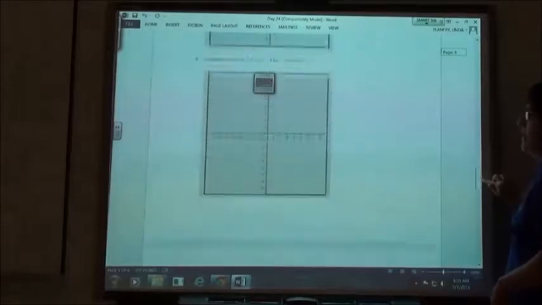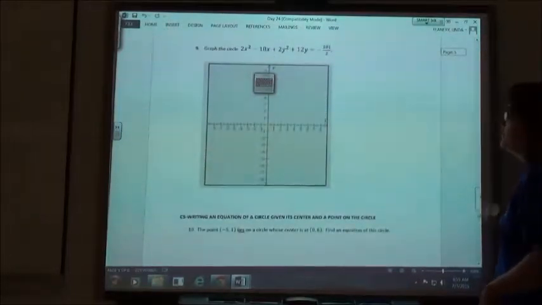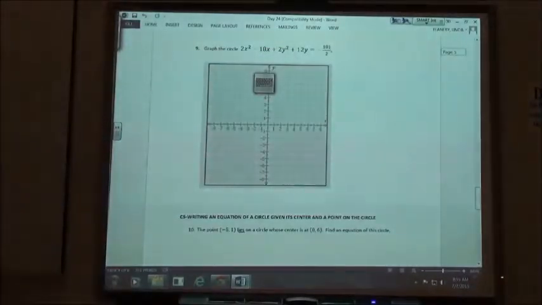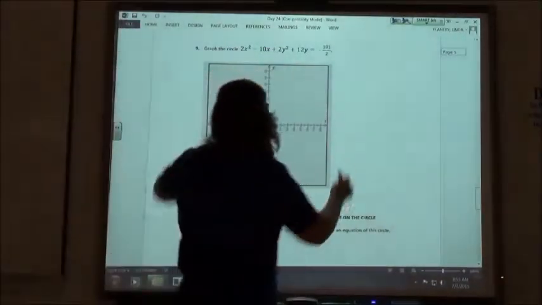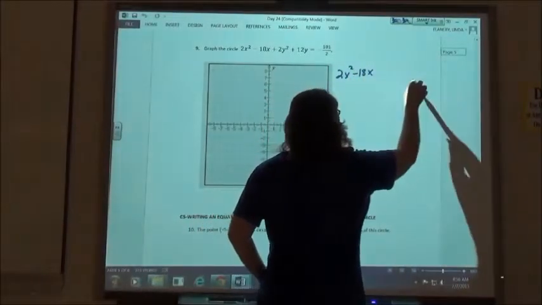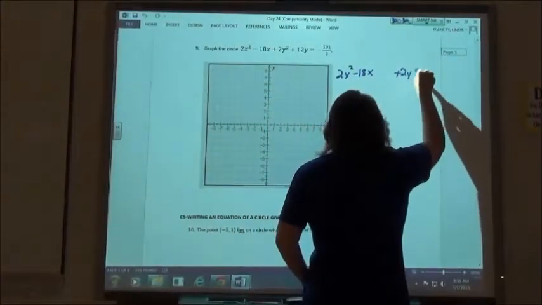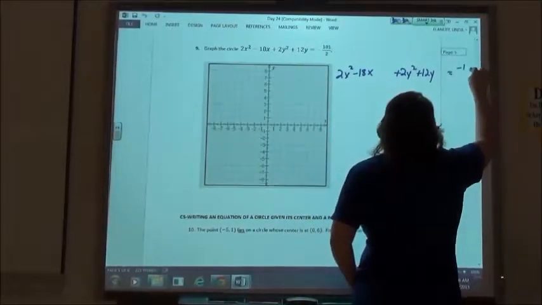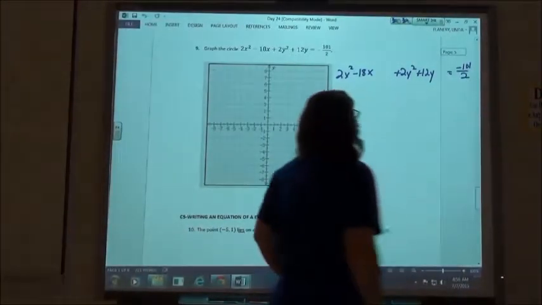Number 9. See, they already throw a crazy fraction in there. So again, I have 2x squared minus 18x plus 2y squared plus 12y equals a negative 101 over 2.